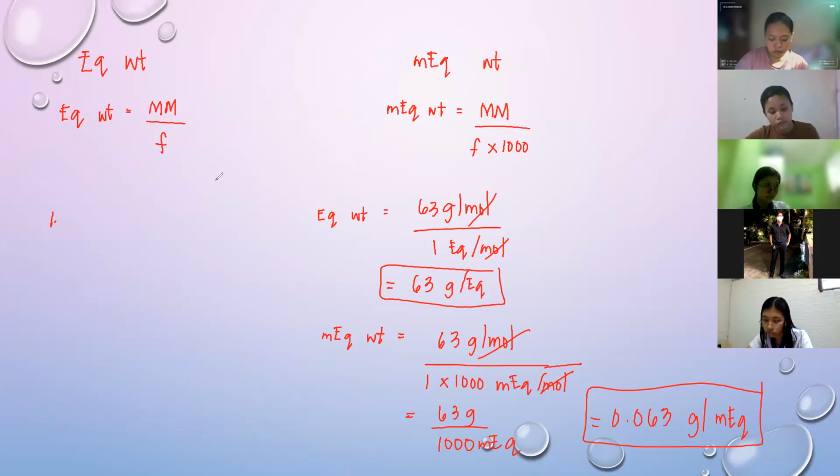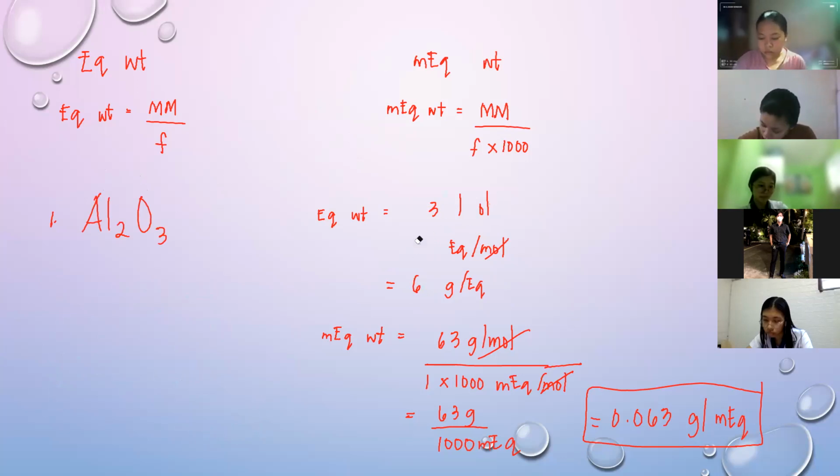Siguro hindi pa ako magbibigay ng normality na problem since isang example lang yung nabigay ko kanina. So dito muna tayo sa equivalent weight and sa milli-equivalent weight. Sige daw. You solve for both the equivalent weight and the milli-equivalent weight of aluminum oxide.